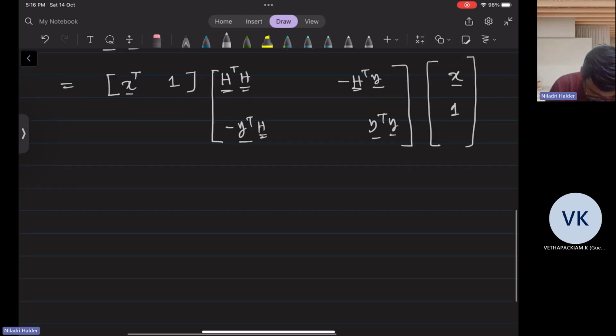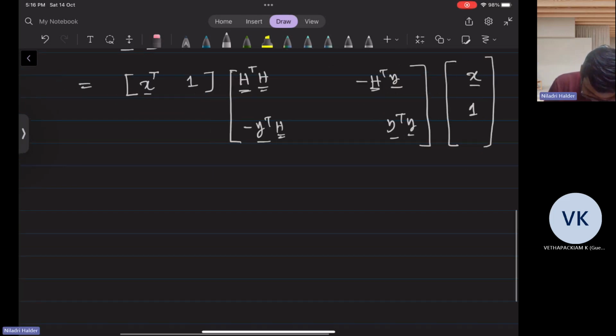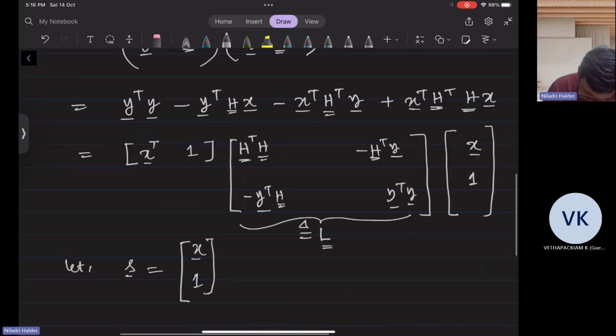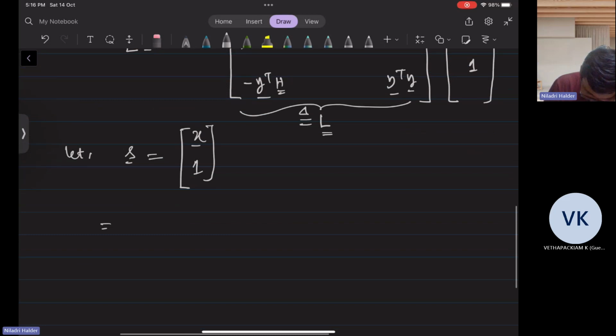So let us take another vector. Let small s be equal to x and 1, and let us take this matrix as L. Then this objective function will become s transpose L s.